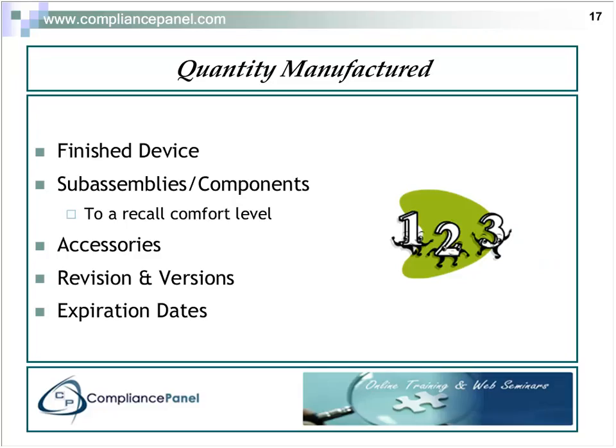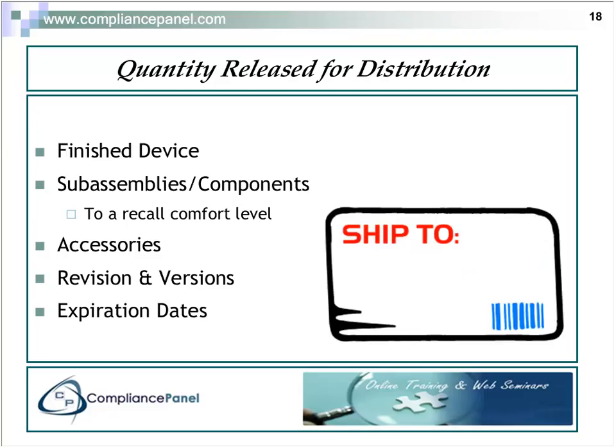And again, quantity of accessories, the quantity of what revision and what versions went in there. You may have different revisions that are available to be used during one production run, so which products had those revisions, and again, the expiration dates and the quantity manufactured. How many were released for distribution? How many finished devices? How many sub-assemblies and components?